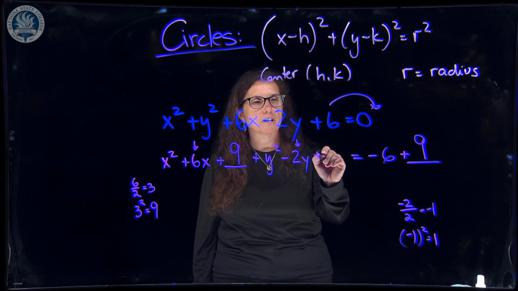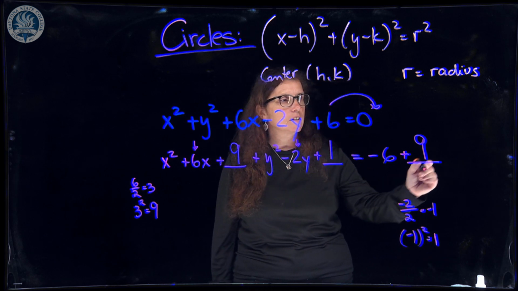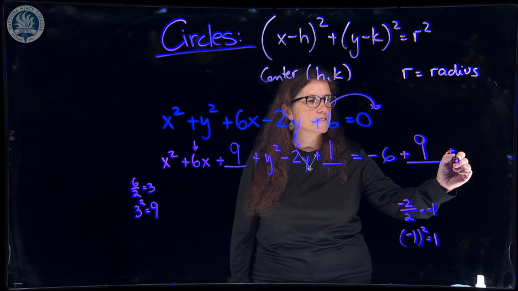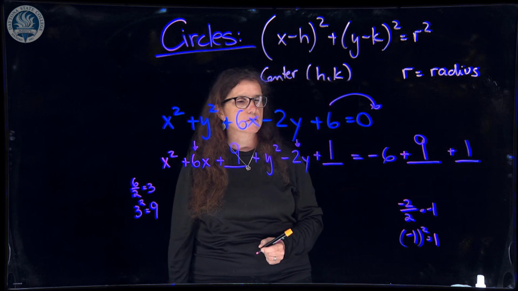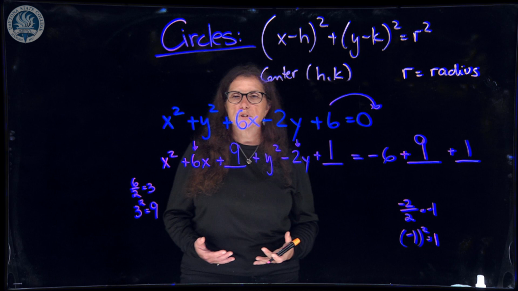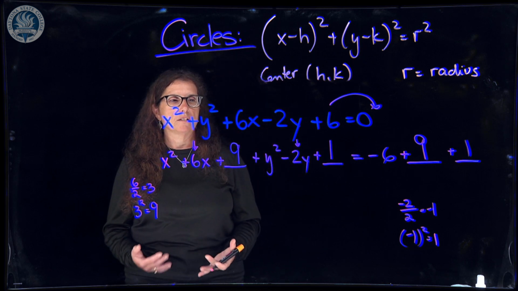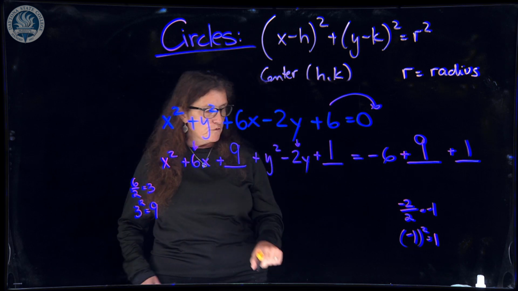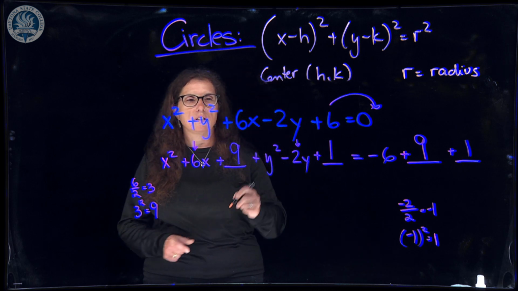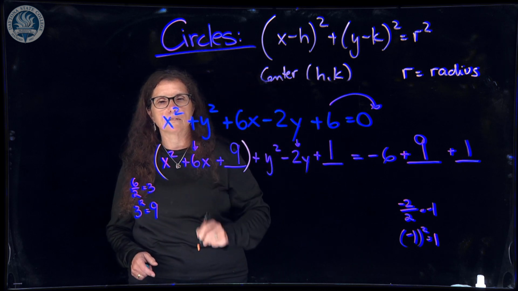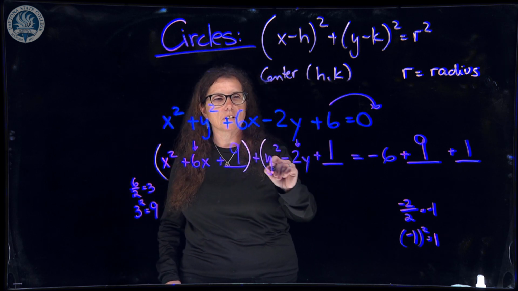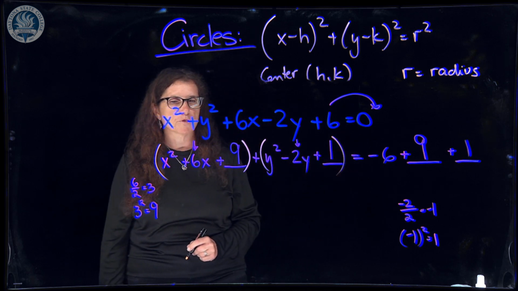So in this case, we add a 1 here. And again, what we do to one side, we have to do to the other side. We have completed the square. Now we need to factor. We factor the perfect square trinomial with the x terms and the y terms, and then we're almost done.